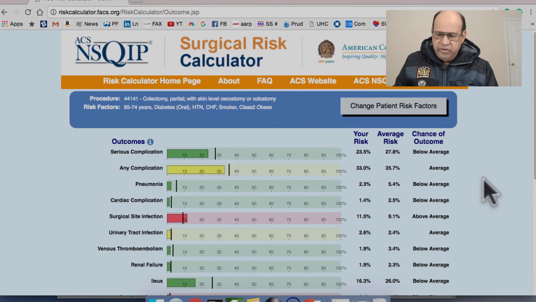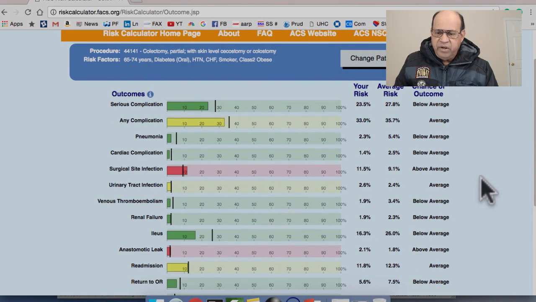Here we go, ladies and gentlemen. The average risk of a patient of this nature is 27% of serious complications in the perioperative period. Any complication is in the range of 33%.